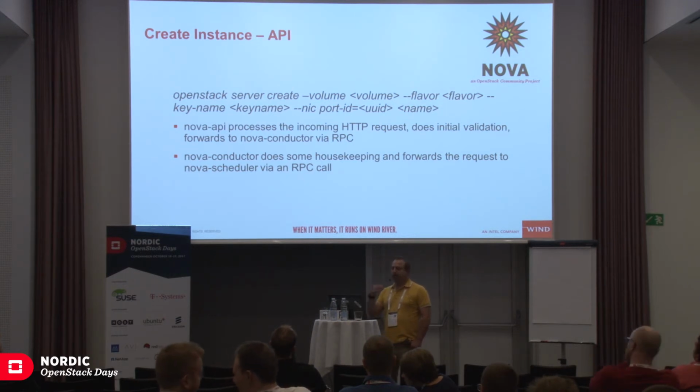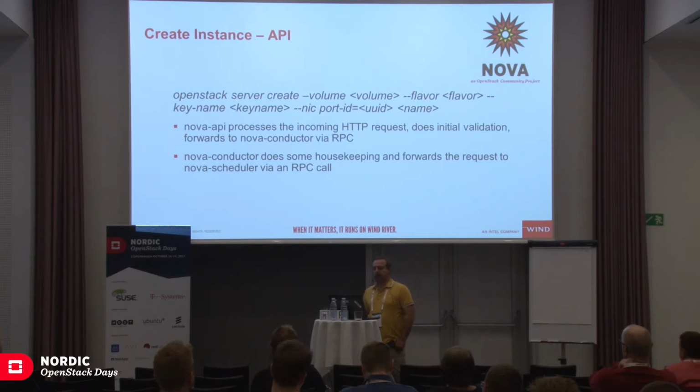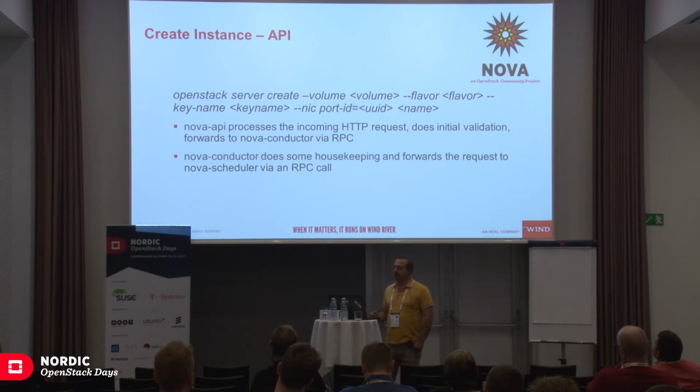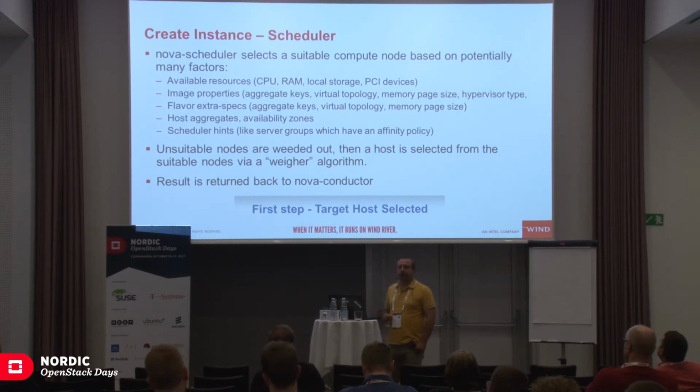When we run this command, the Nova API is going to process the request, validate it, and forward it to the Nova Conductor via an RPC call. The Nova Conductor is going to do some housekeeping and forward the request to the Nova scheduler. This is a scheduler that has a very big job to find the right host for your instance.